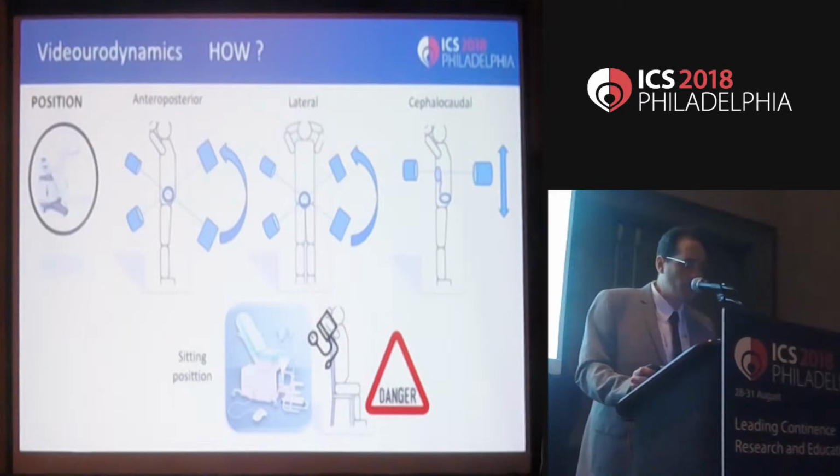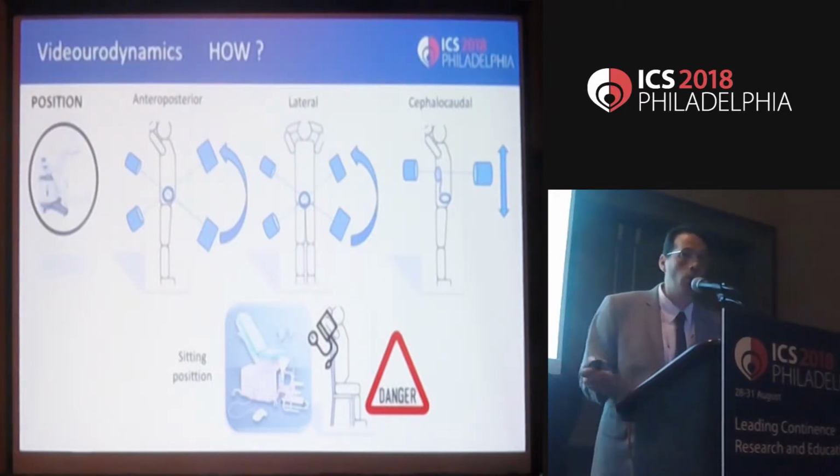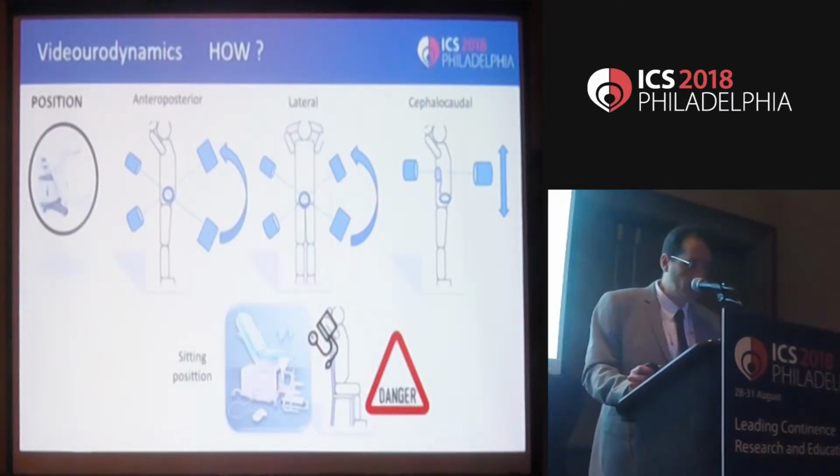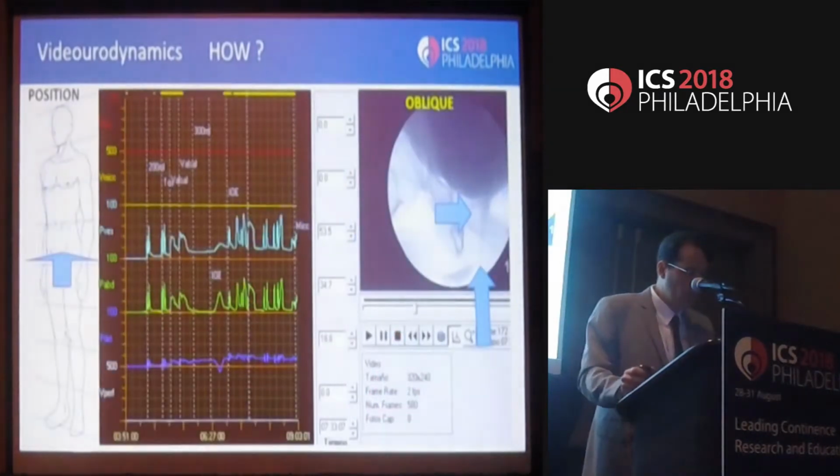You also have to consider that a lot of patients can present autonomic dysreflexia, which is a dangerous, life-threatening situation. So bladder pressure should be monitored during the procedure, and every unit that performs videodynamics in these patients should have a protocol for that situation.